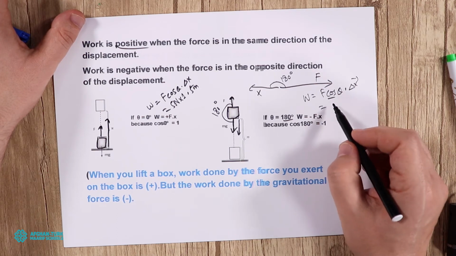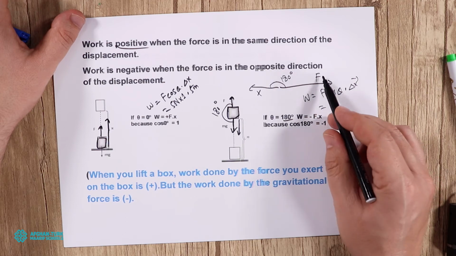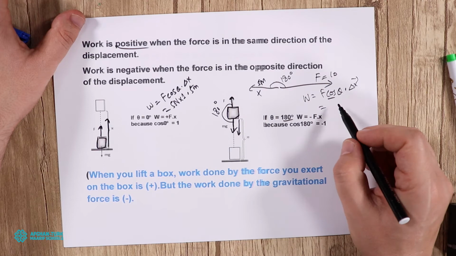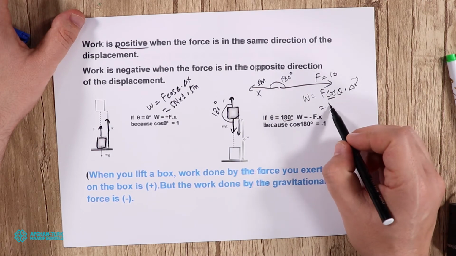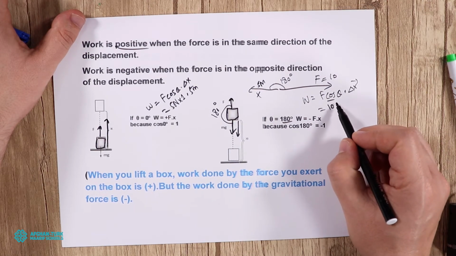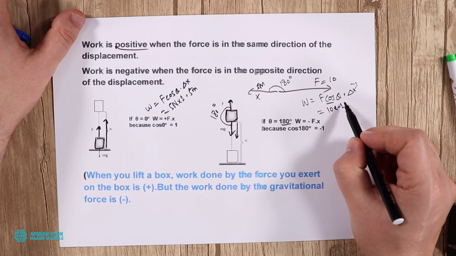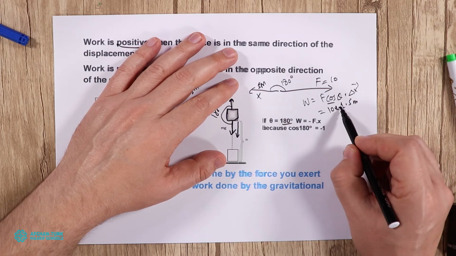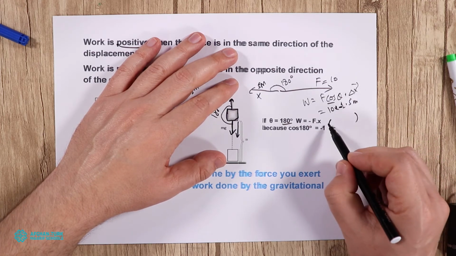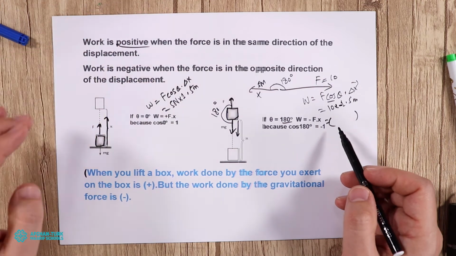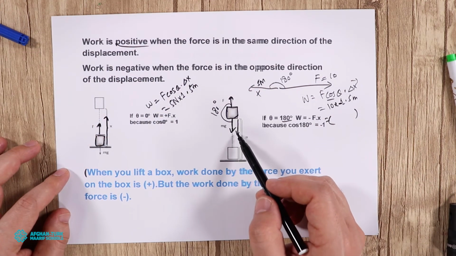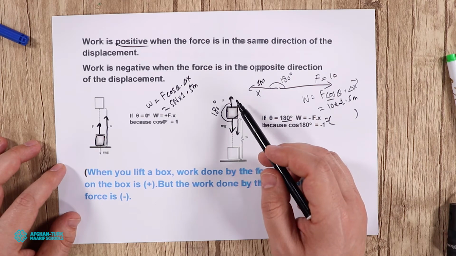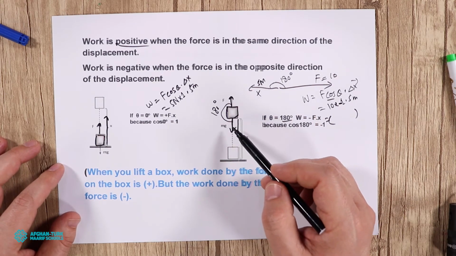Let's suppose the force applied is 10 Newton and the displacement covered is 5 meter. Cosine 180 is minus 1, so 10 multiplied by minus 1 multiplied by 5 meter. Because of this minus, the whole answer will be negative. So the work done on the object will be negative when the force and displacement are in opposite directions.